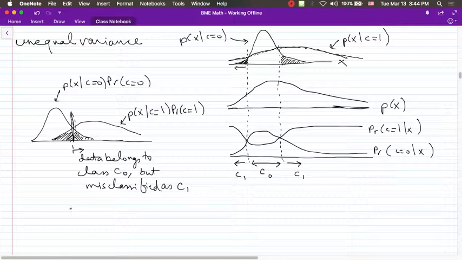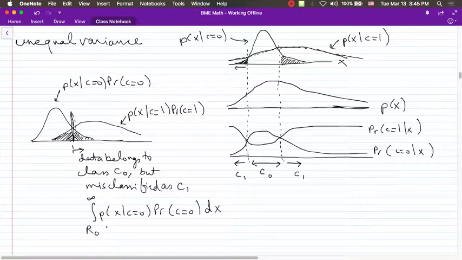And that area under that curve, which is P of x given C0 times the prior probability of C0 dx, where x goes from your boundary, which I'm going to call R0, to infinity, that area is what describes my probability of error. So my probability of error is this area plus the other area.